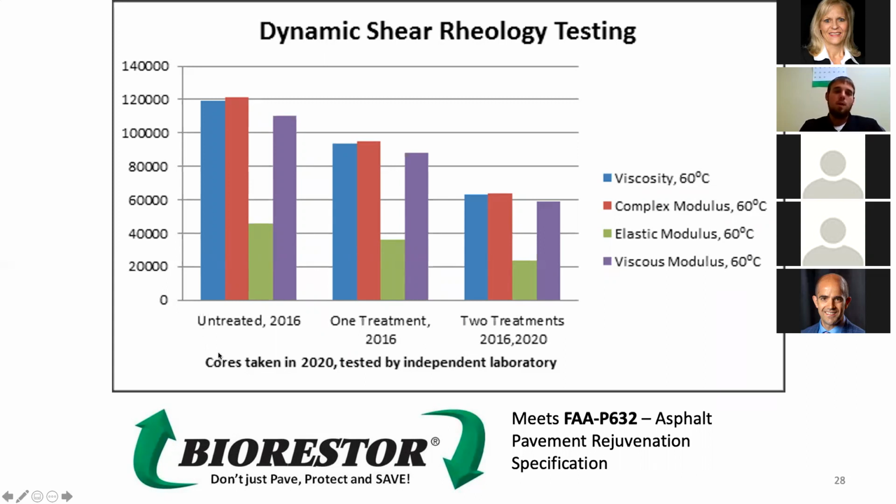So a 4-year-old treated road still showed the viscosity and rheology characteristics that we like to see, a 30%, I think it's 25%, reduction in viscosity, showing that our product is still there within 4 years. And then after a second treatment, those properties are adjusted even more back toward the optimal characteristics of asphalt to keep it flexible.